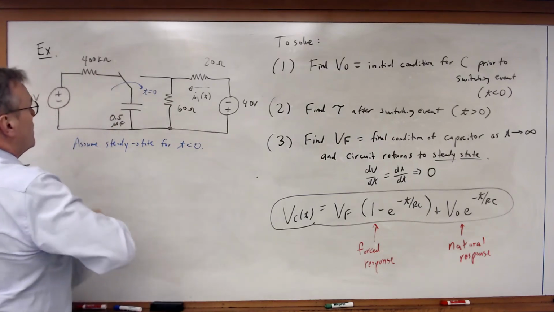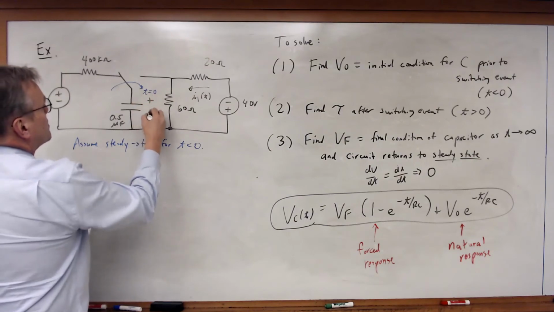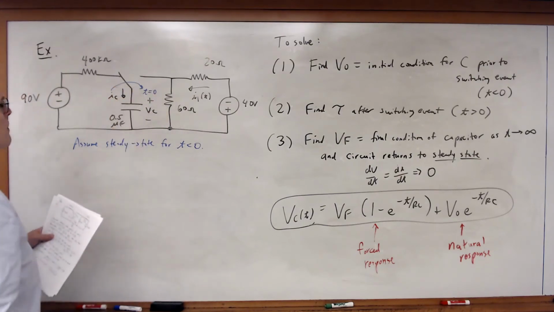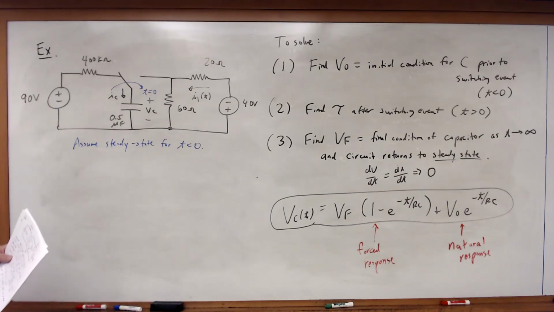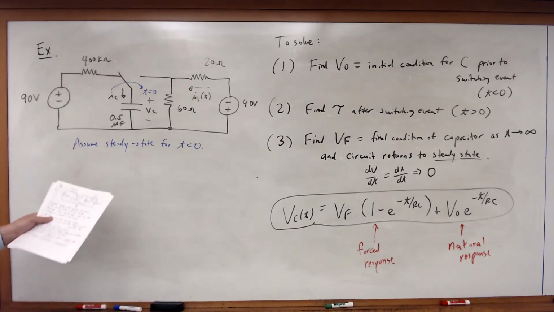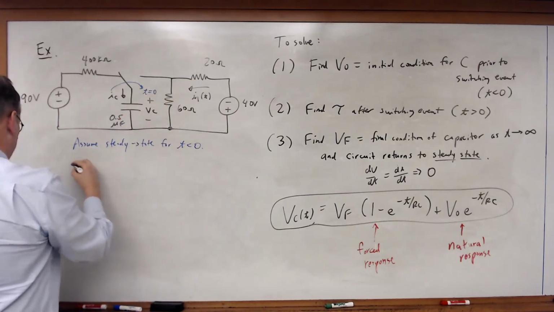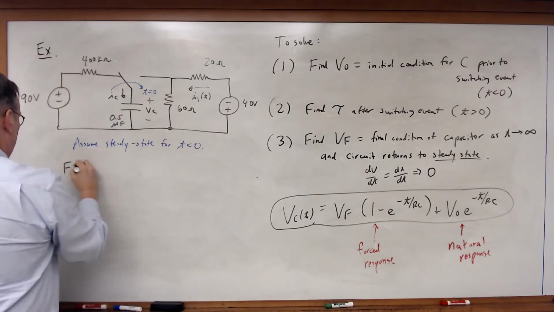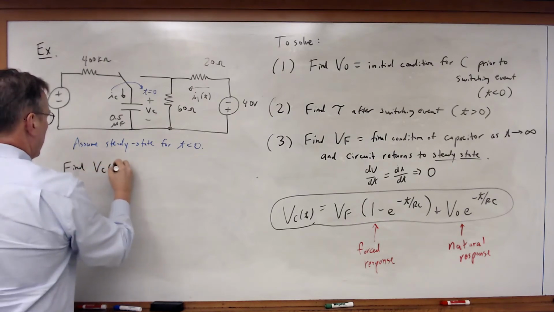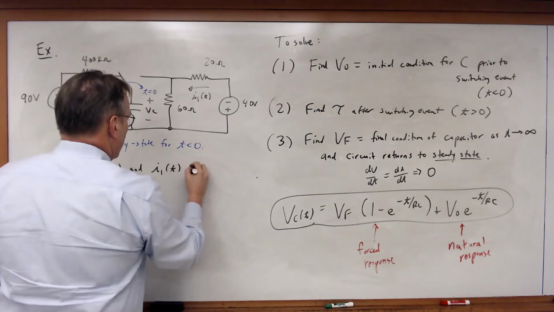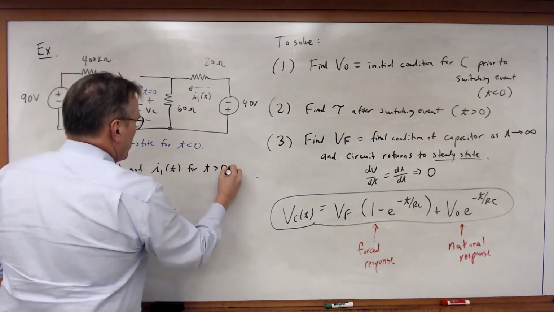And I've got my voltage VC across the capacitor and my current IC through the capacitor. So let us solve for both VC of t and I1 of t for t greater than 0.